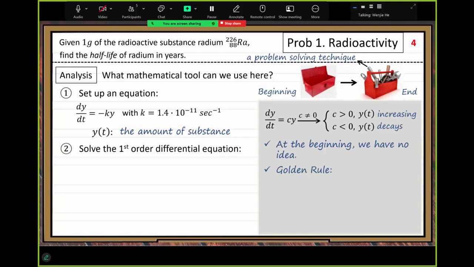So let's continue. Golden rule. This golden rule means the problem-solving golden rule. Our textbook says that. So what's that golden rule? If you cannot solve your problem, try to solve a simpler one. That's the so-called golden rule, described in the textbook.